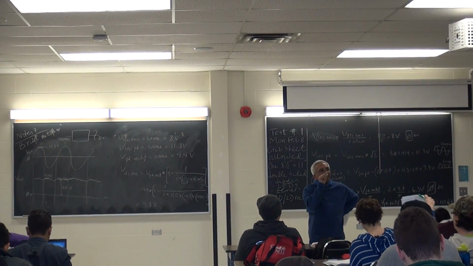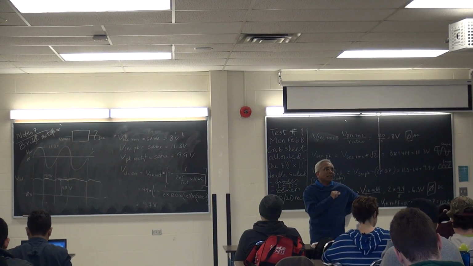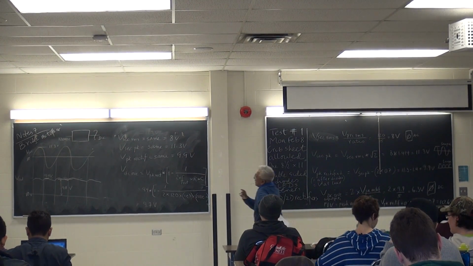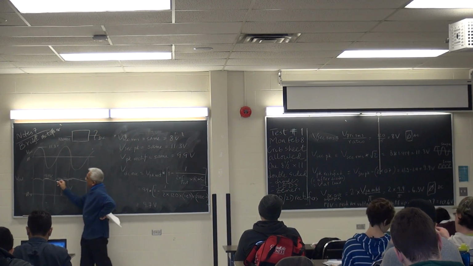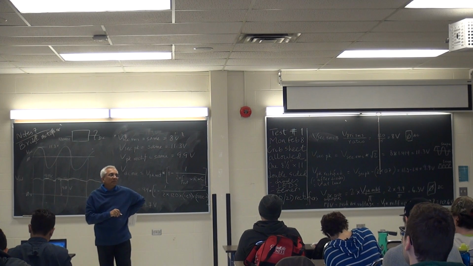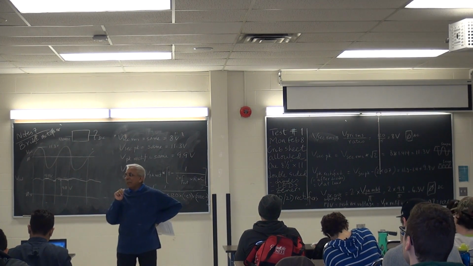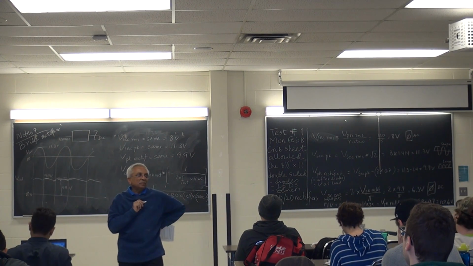So where do you think is the bottom point of the ripple? What is that voltage, do you think? If this is 9.9, and if halfway is 9.7, how much do you think is here? 9.5. Because it's between 9.5 and 9.9, which is 9.7. Everybody see that?